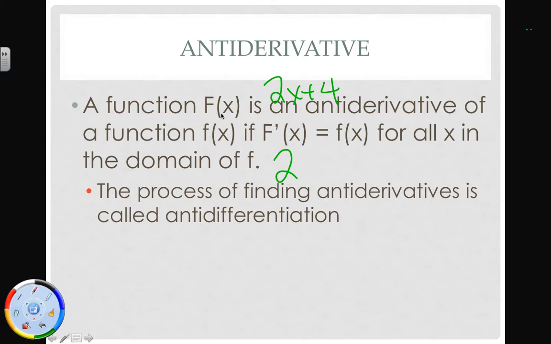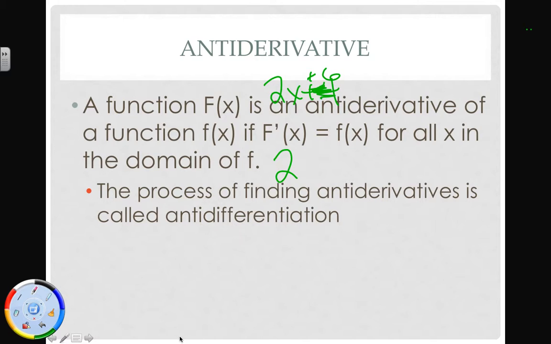So F of x, 2x plus 4, is the antiderivative of 2 because the derivative of 2x plus 4 is 2. Now you might be thinking, well, what if it was plus 6? Well, it's the same thing, and that's one of the things that we're going to need to be able to figure out: what was that constant term.